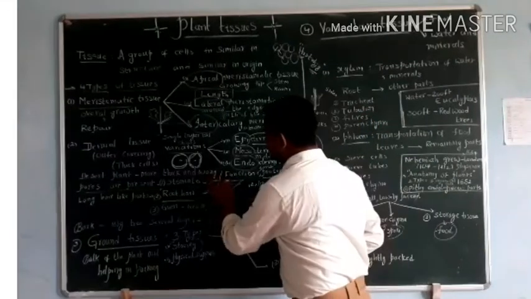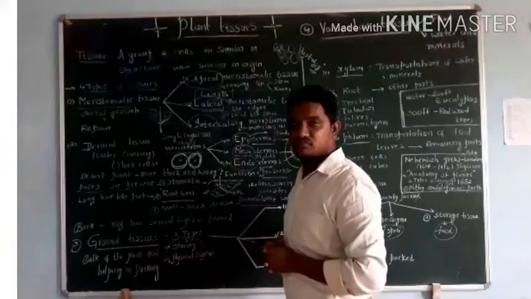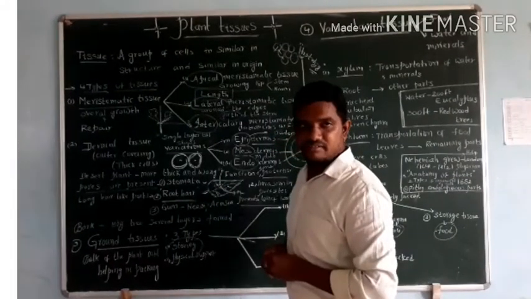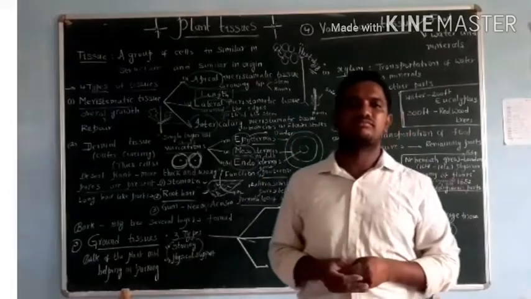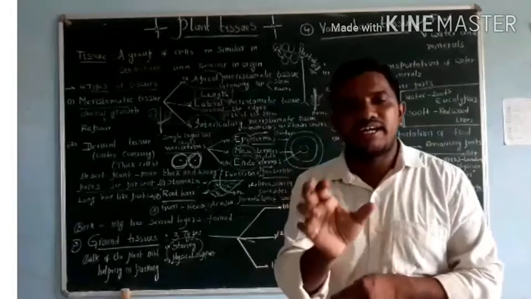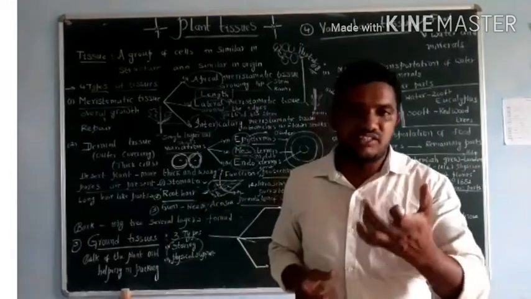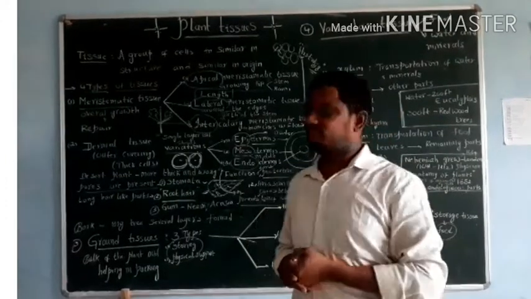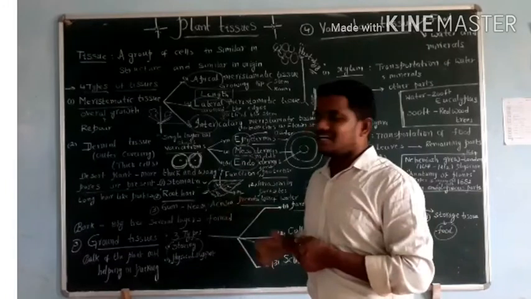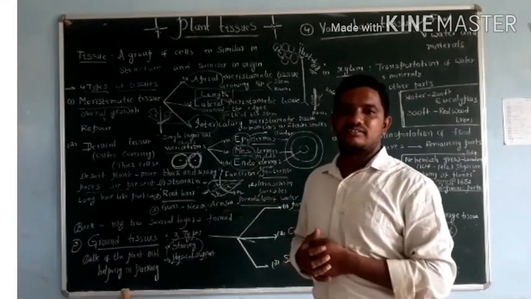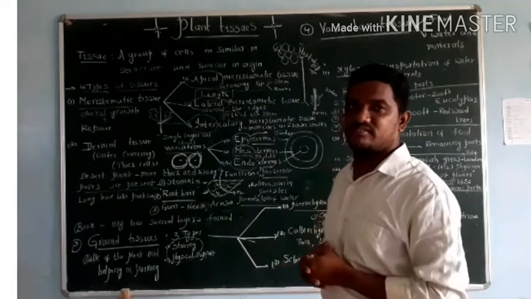Carbon dioxide enters through the stomata, and oxygen comes outside from the leaves through the stomata only. So stomata help in gas exchange in plants. They are very important in the respiration process.